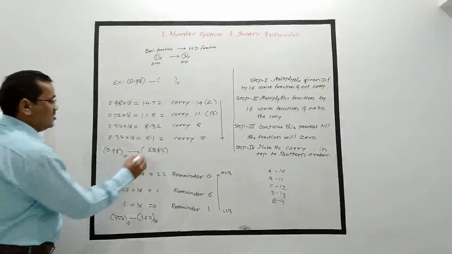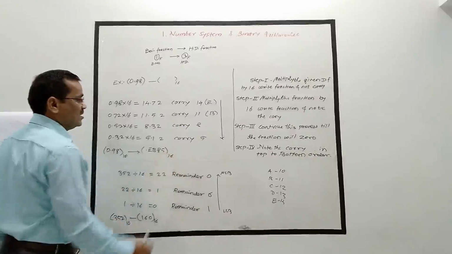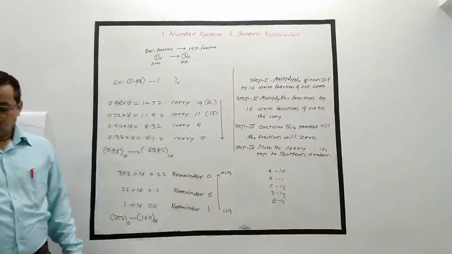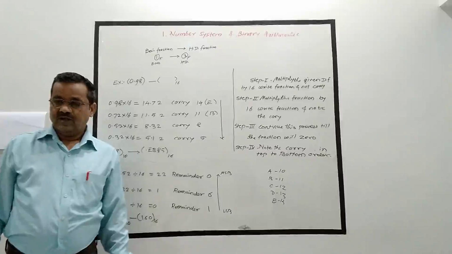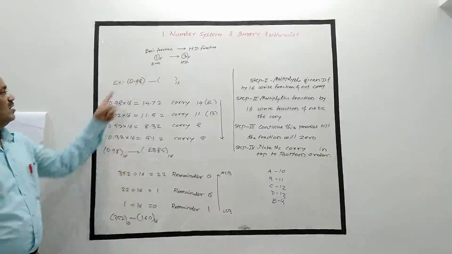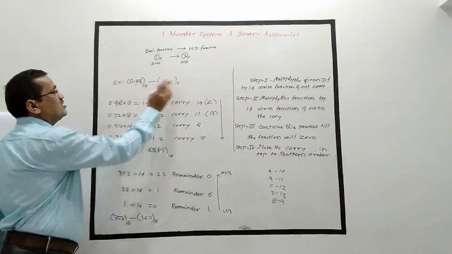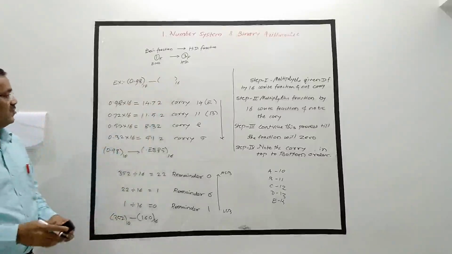EB85. This is the fraction, after the decimal point. So in this case, we are converting the decimal fraction into its hexadecimal fraction.